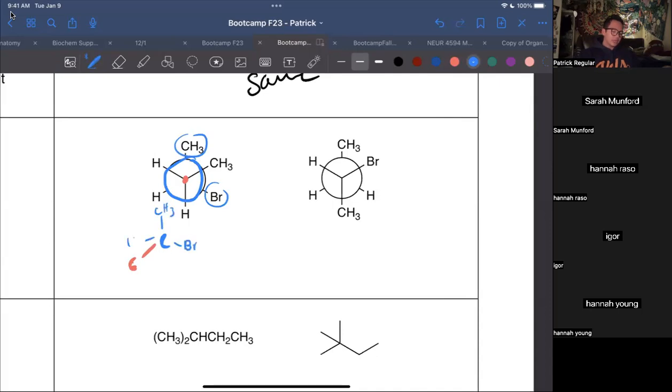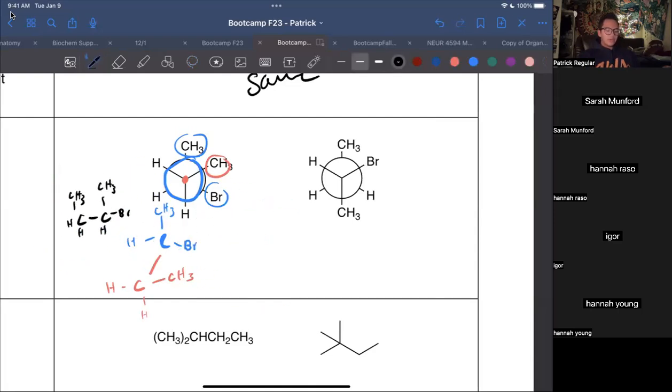I'm trying to do a seesaw configuration. Let me make this a little neater. Carbon front is connected to a methyl group, H. If I were to redraw this, it would be C, my head carbons, CH3, Br, CH3, H, H, H.